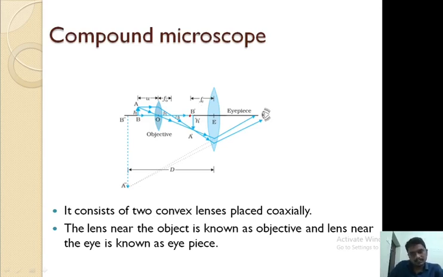Since it is a little below the focus, the image is formed on the same side. We have adjusted the distance between the lenses such that the final image is formed exactly at the near point, 25 centimeters.